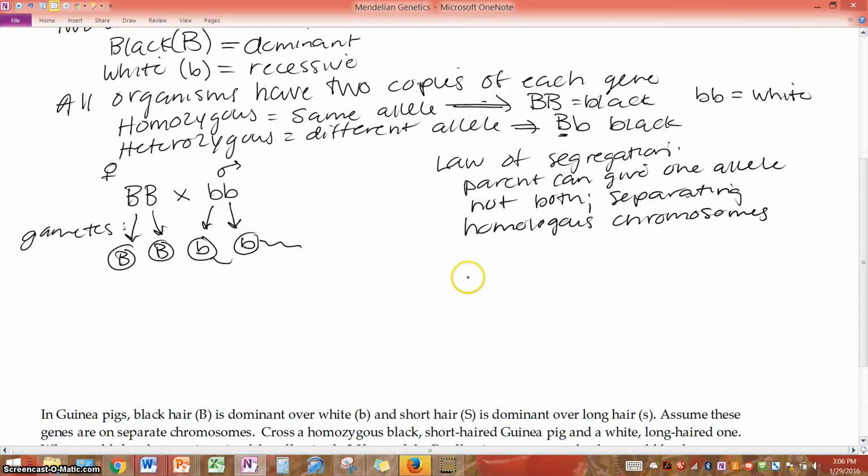Just to bring us back for a second, if we focus on the mom here, remember she has two copies. They're going to be identical because they're homologous, but she has two copies. They replicate during the beginning, the S phase, so we still have two B's.